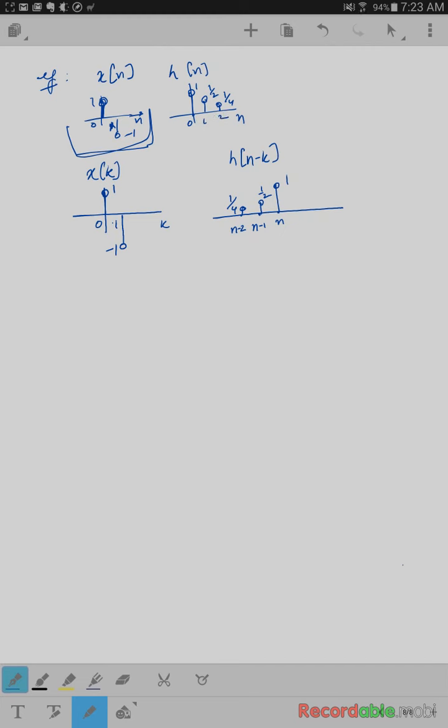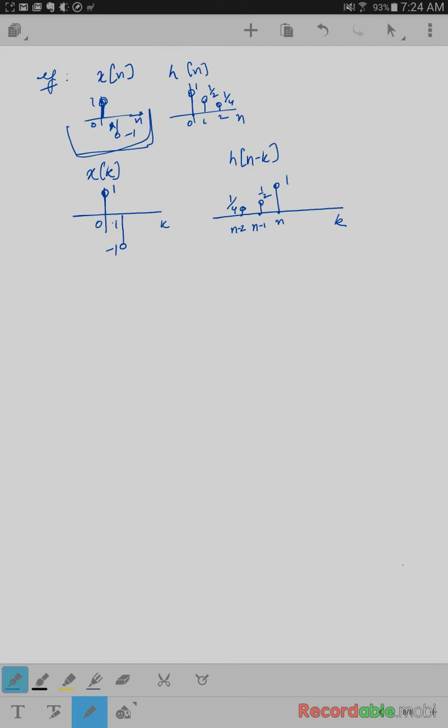So we want to compute the convolution, so let's compute x of k. Well, that's just x of n, replace n by k. Let's compute h of n minus k. Going in the reverse direction, it starts at k equals n, which is the first non-zero value, which is 1, which is h of 0. And then at n minus 1, its value is half, and at n minus 2, the value is 1 quarter.